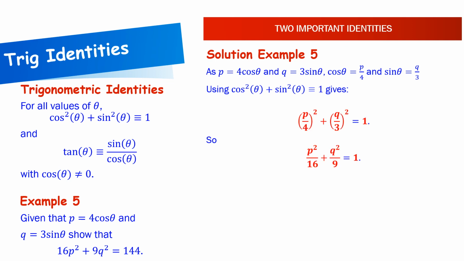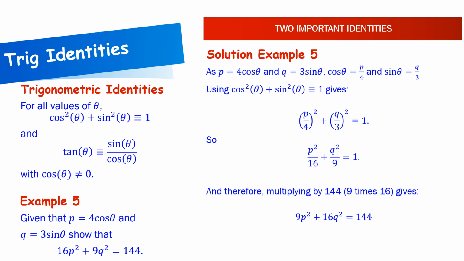And so this equals p squared over 16 plus q squared over 9 equals 1. Now, since 16 times 9 is 144, we're going to multiply through by 144 to give us 9p squared plus 16q squared equals 144 as required.